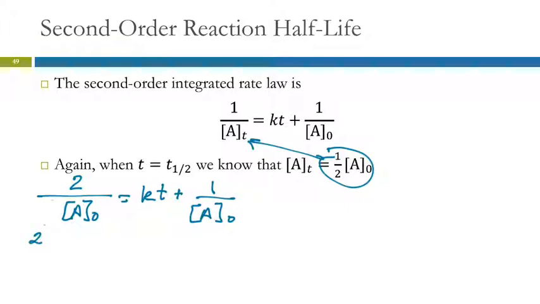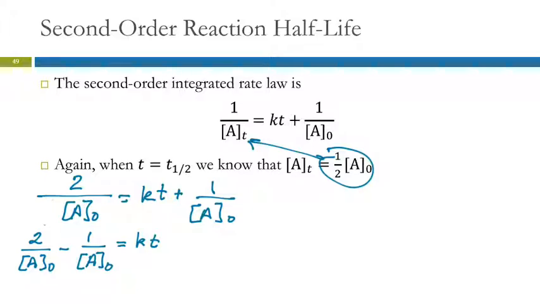So that gives me 2 over A0 minus 1 over A0 is equal to kt. Well, what's 2 minus 1? It's 1. What's 2x minus 1x? 1x.